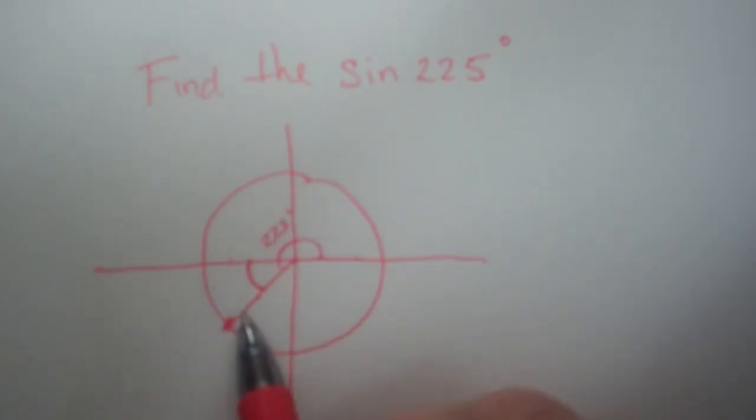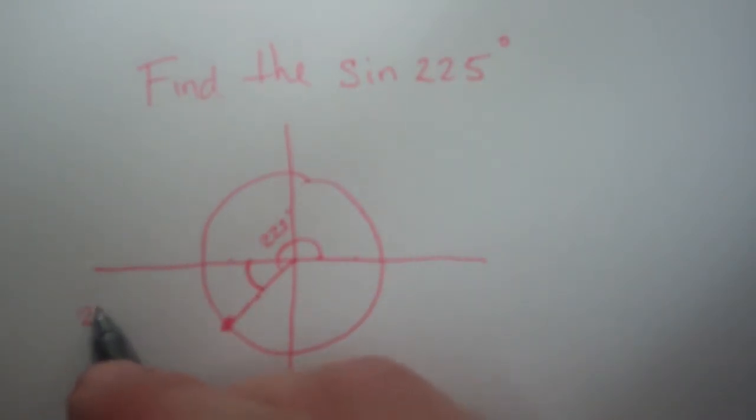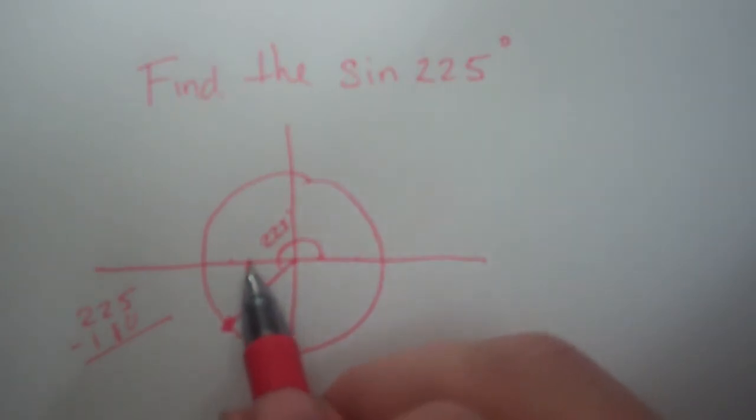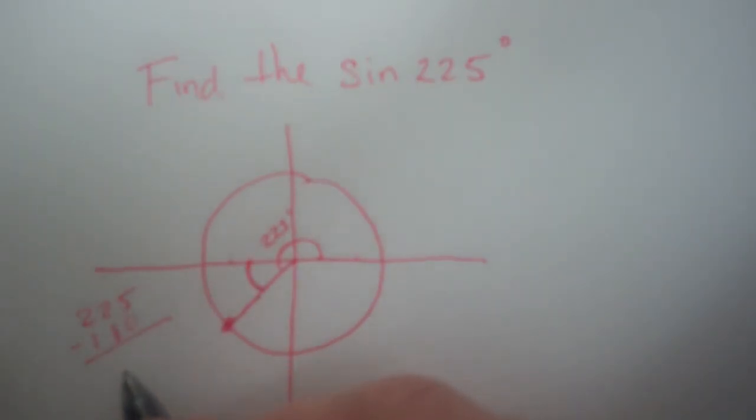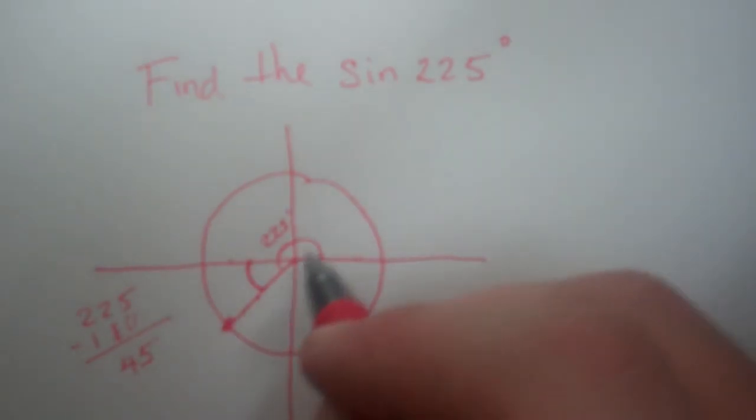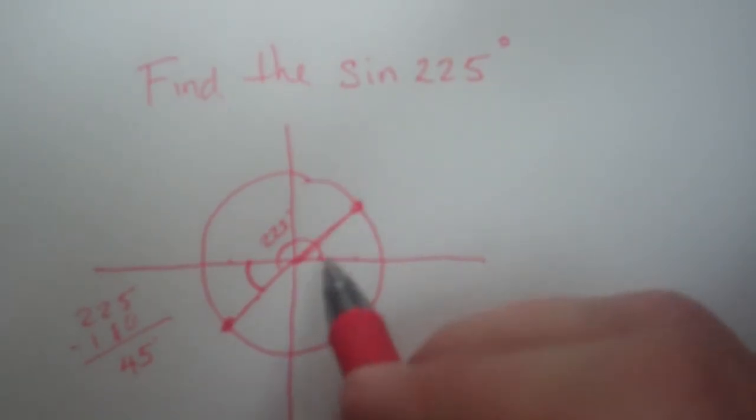From here to there is 225. So if I take 225 and I subtract 180, that will leave me with the size of this angle, which in this case ends up becoming 45 degrees. Which means that the reference angle for 225 is 45 degrees here.